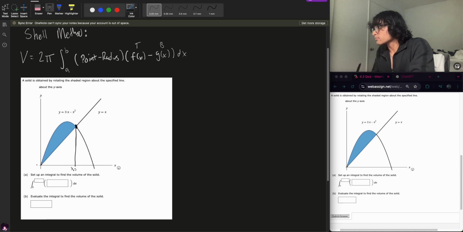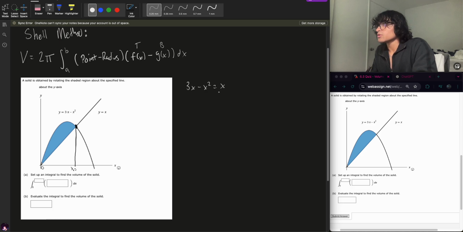We know this is going to be 0, as determined right there. Okay, so we're going to do 3x minus x squared equals x. Now we just want to solve it out and find x.